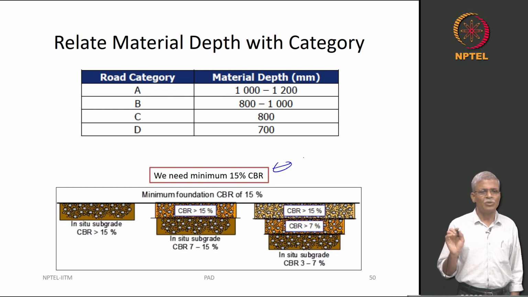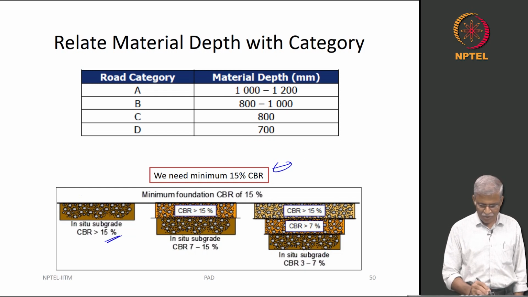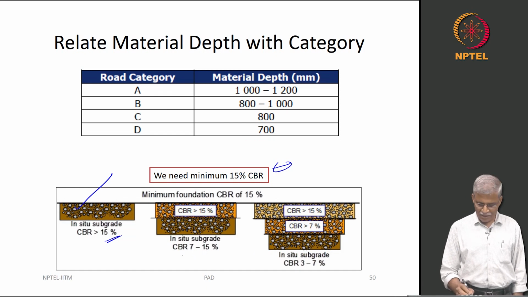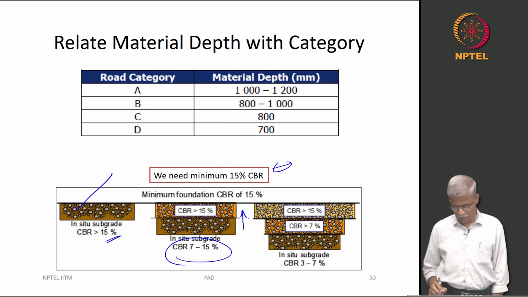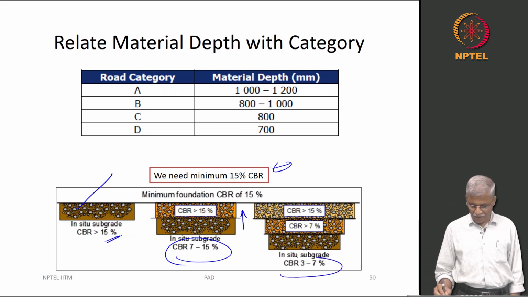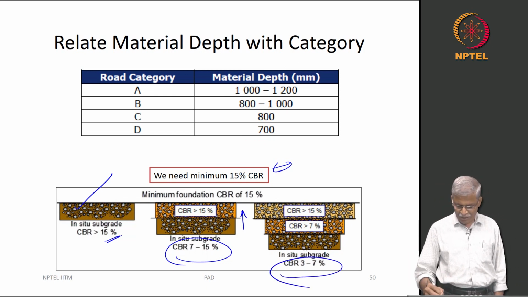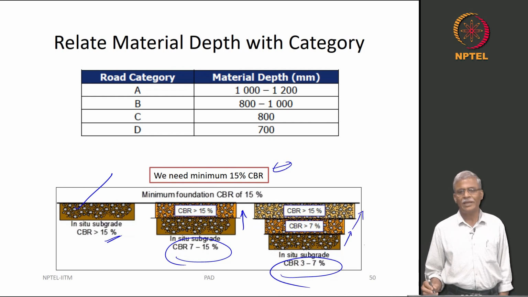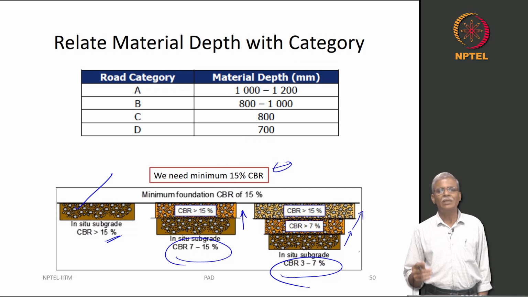So, if your in situ subgrade is greater than 15%, you go ahead and construct the pavement on top of it. But if your in situ subgrade is not 15%, let us say it is 7 to 15%, you add a layer to it. And if it is between 3 to 7%, then you go in steps, construct a first layer with around 10% and then another layer above 15%.